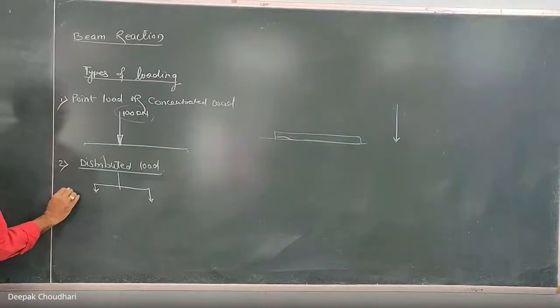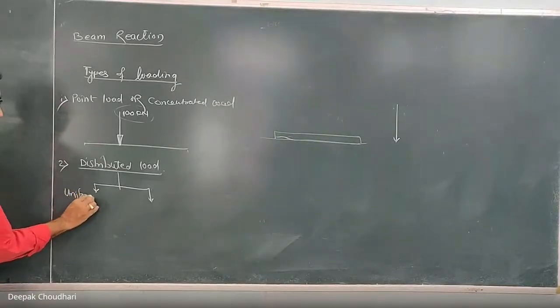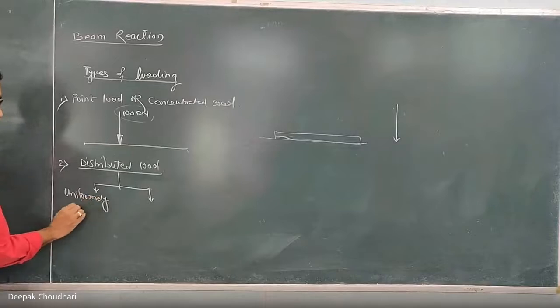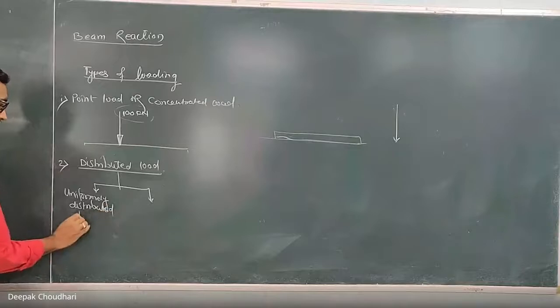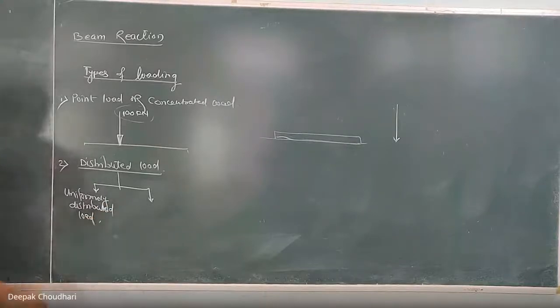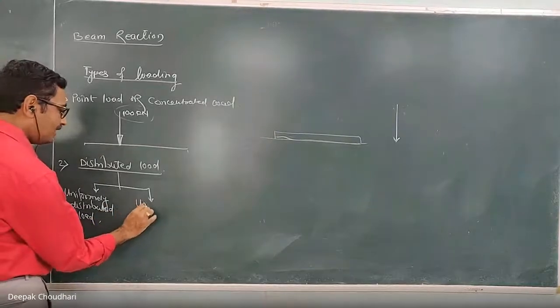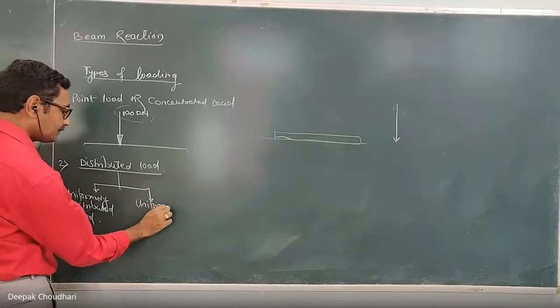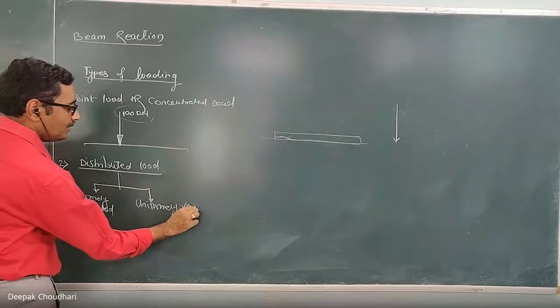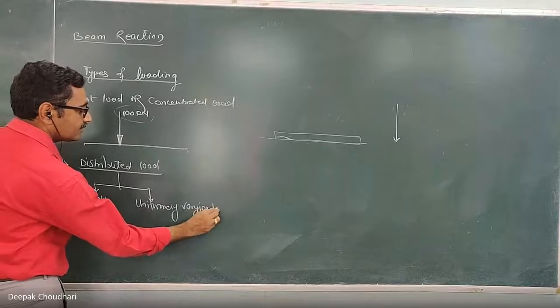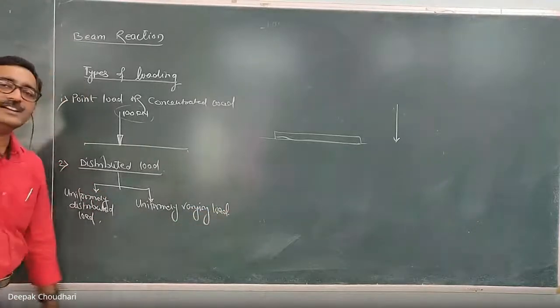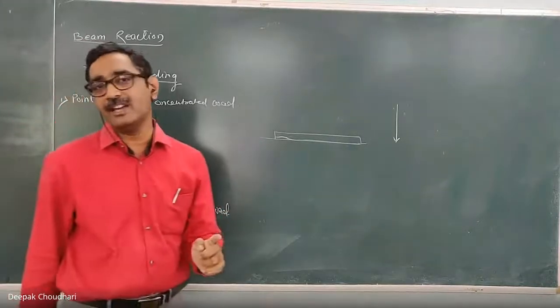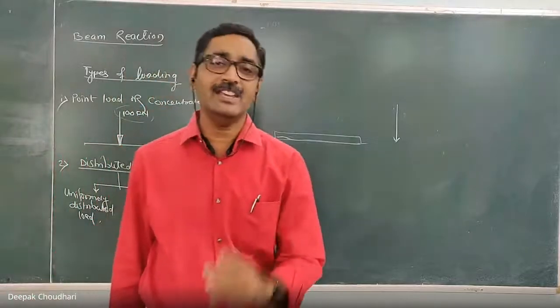One is the uniformly distributed load, and the second is the uniformly varying load. The theory of this is given in the resultant theory, not in equilibrium.